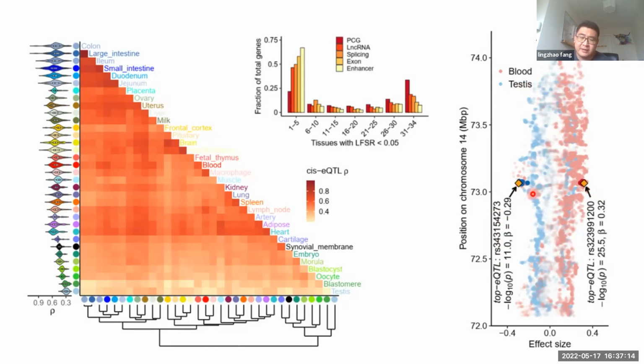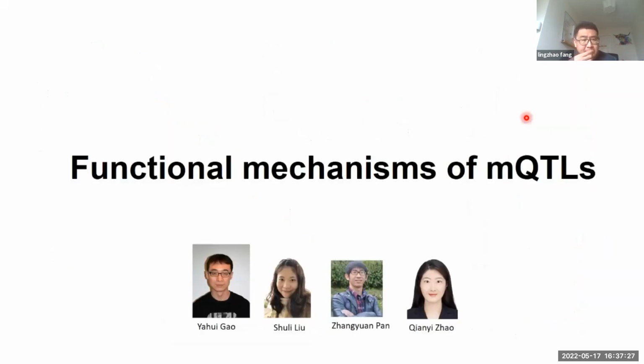That means the SNP that increases the gene expression in blood will decrease the expression of the same gene in testes. And the next step, we started to look at the functions of these molecular QTLs.